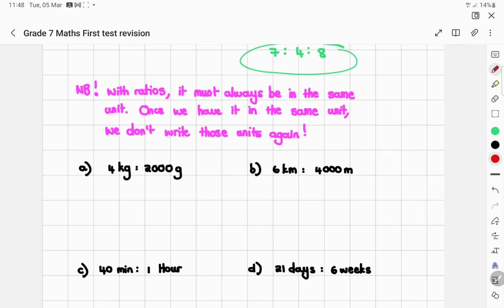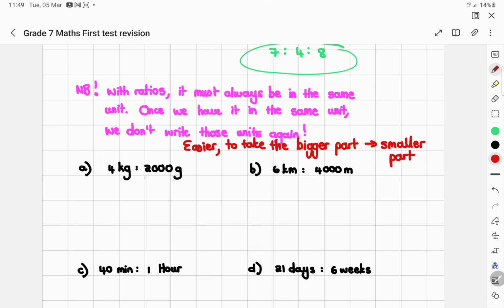What I mean is, it's always easiest to take the bigger part to the smaller part. Easier, not impossible, but easier.